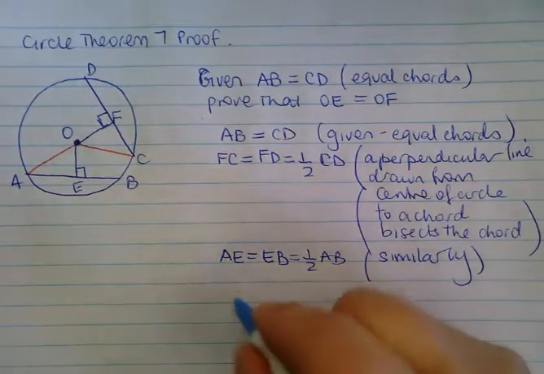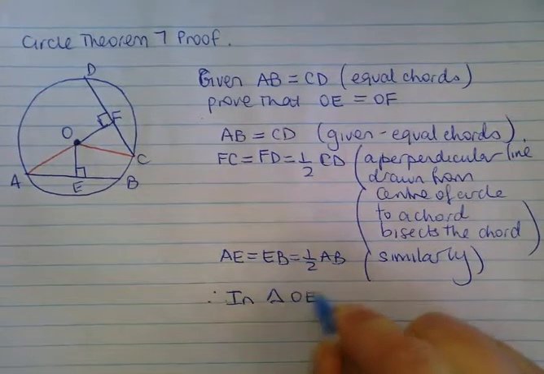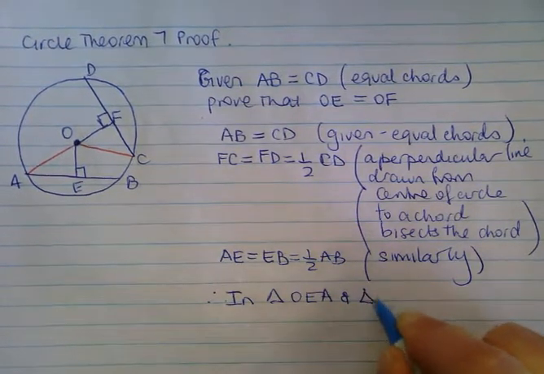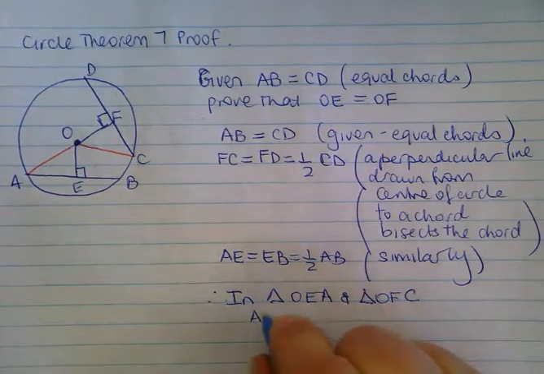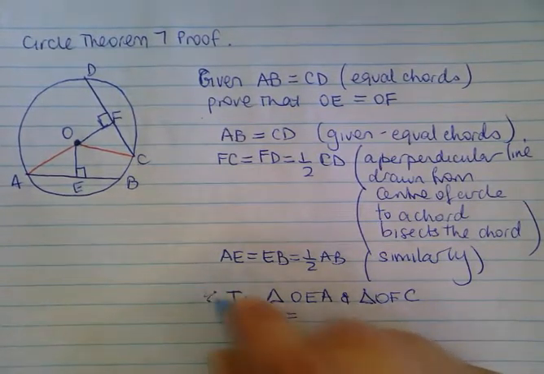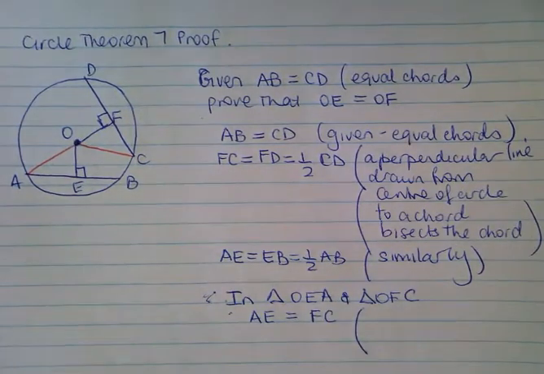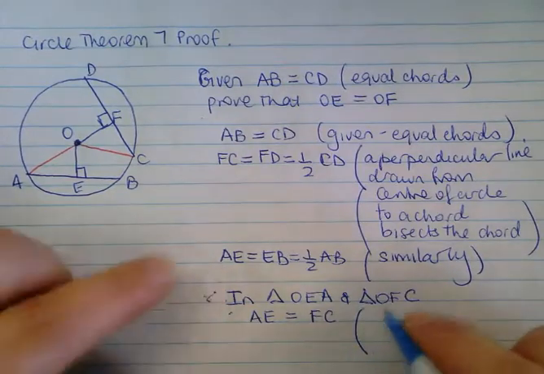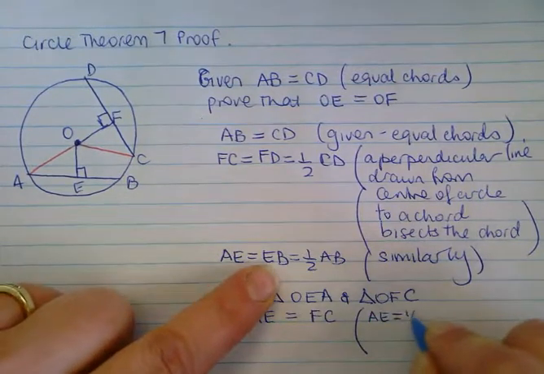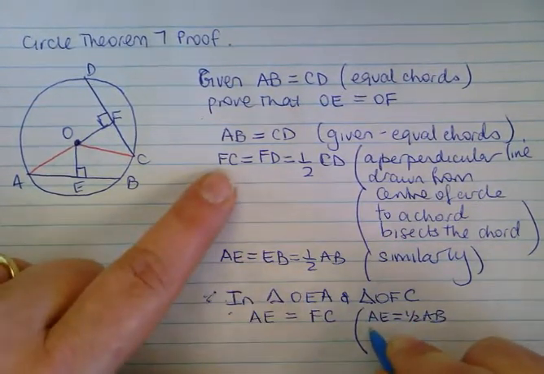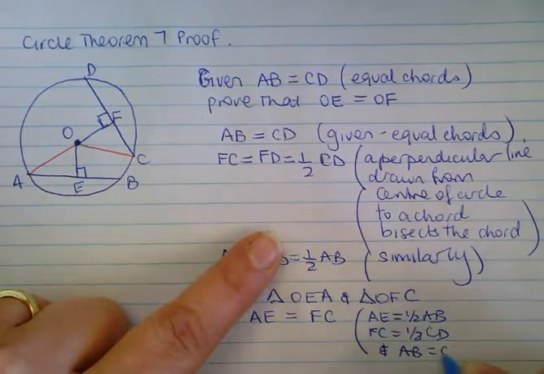So now, looking at the two triangles, triangle OEA and triangle OFC, we know that AE is equal to FC. Reason? The reason is that AE equals half AB, and FC equals half CD, and AB equals CD.